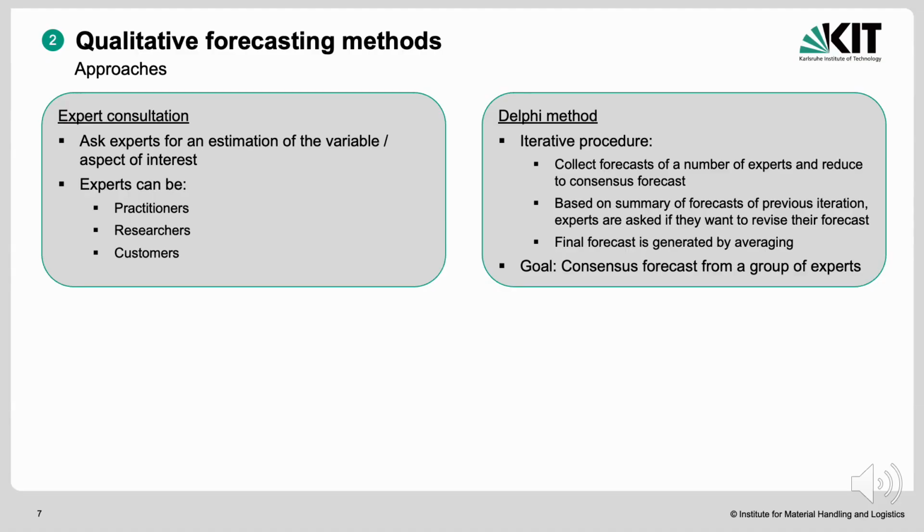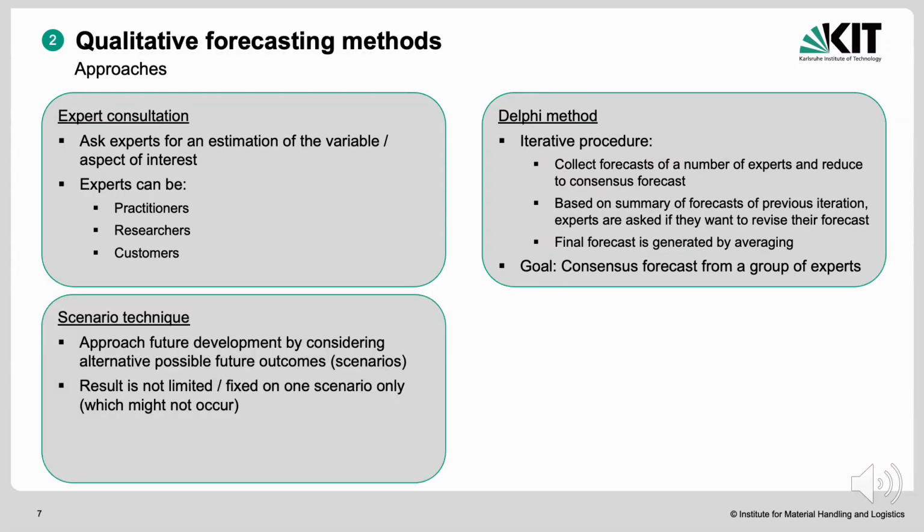Consensus is usually a pretty strong measure if markets and structures are stable. In disruptive situations, this might not necessarily be helpful. However, it's hard to figure out which of the deviating opinions is the right one. Another method which is quite helpful is the so-called scenario technique.